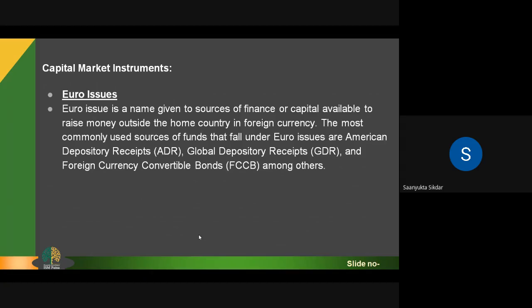The most commonly used sources of funds that fall under the euro issues are ADR, American Depository Receipts, global depository receipts, which other countries outside America usually issue, and foreign currency convertible bonds as well. So, suppose an Indian company wants to open a subsidiary in America.